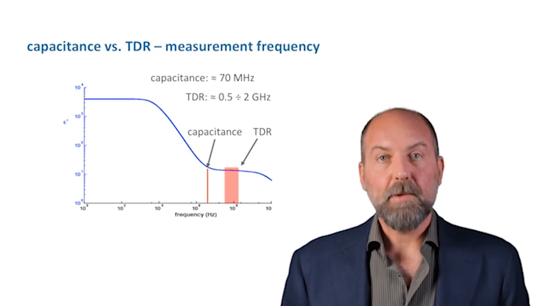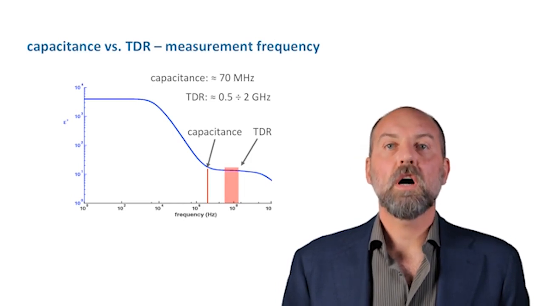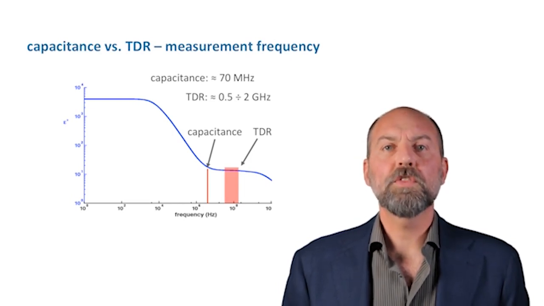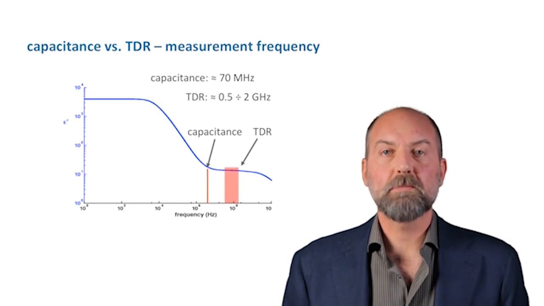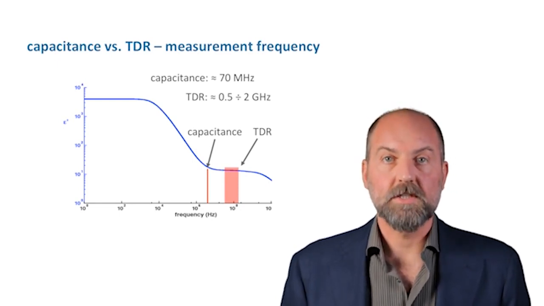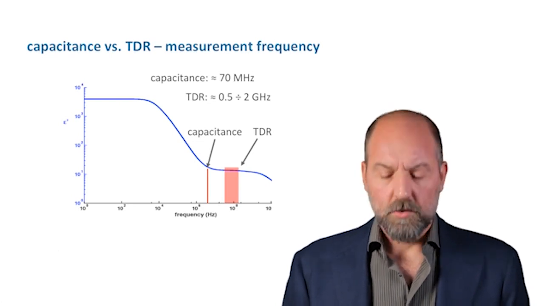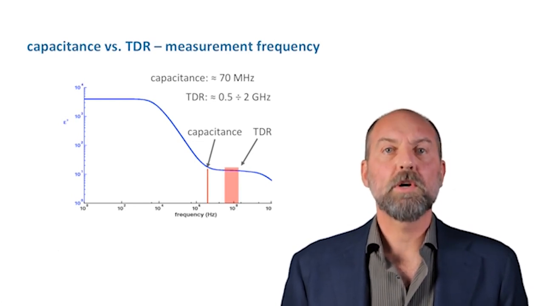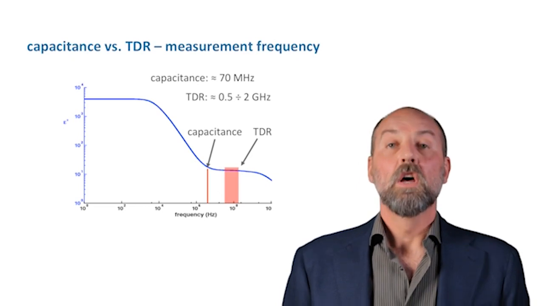In modern capacitance sensors, we are talking about a few tenths of megahertz. For example, the sensors that we produce here at Decagon work at 70 megahertz, but it is not uncommon to see sensors on the market that may operate at 100 megahertz or so.